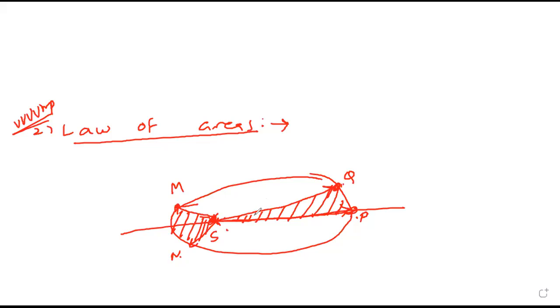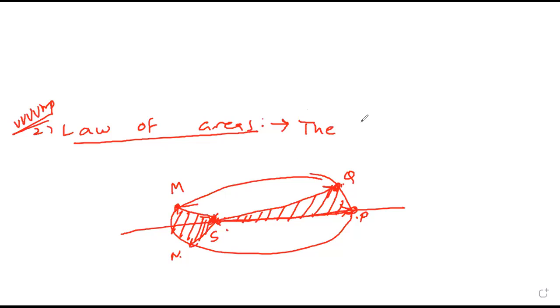So the law states like this: the line joining the focus and the position of the planet, called the radius vector, drawn from the sun to the position of the particle, sweeps equal area in equal interval of time. Sweeps means it covers equal area in equal interval of time.